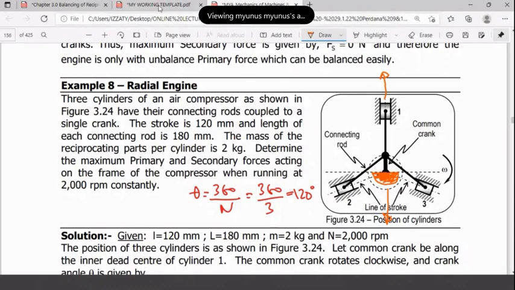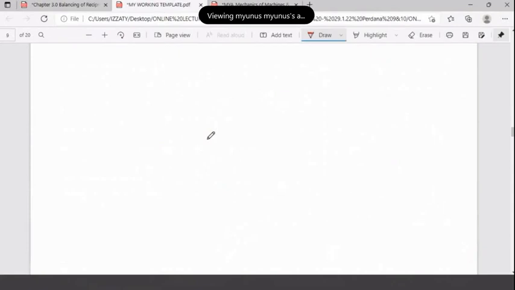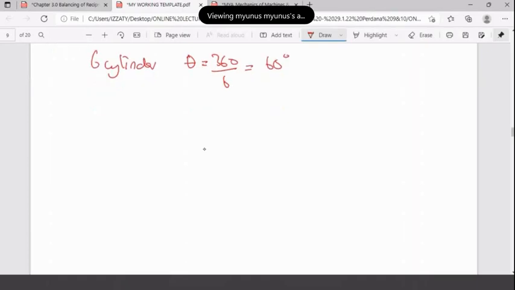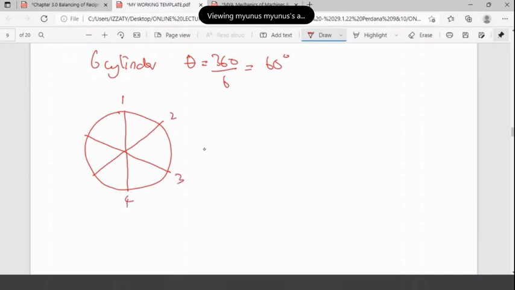Okay, to ensure that you understand this, I'm going to give you a 6 cylinder. Theta is equal to 360 divided by 6, which gives you 60 degrees each. Let's say the arrangement of the connecting rods is what you have here: 6 cylinders, 1, 2, 3, 4, 5, 6.